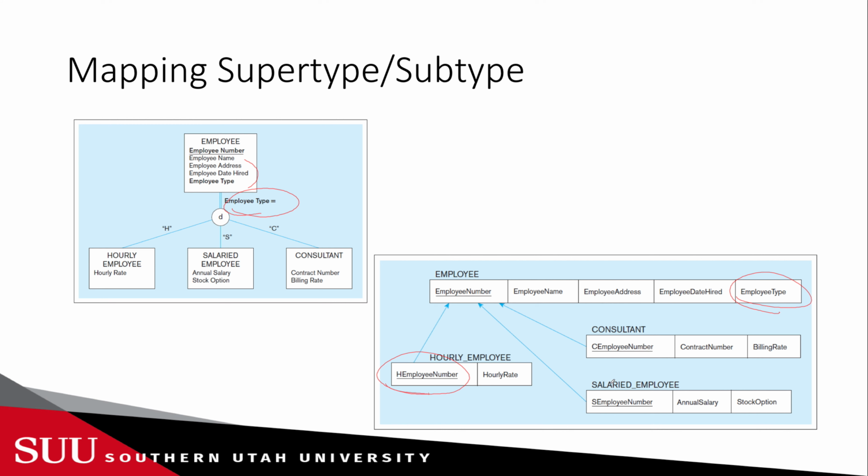So I'll have those keys as primary keys, but then they will be foreign keys referring to the employee number, because the hourly employee number is the same employee number that should be in the employee table. Same thing for consultant, same thing for salaried employee. And I need them to be foreign keys because I don't want a fake employee number or employee ID to be entered in each one of those tables.